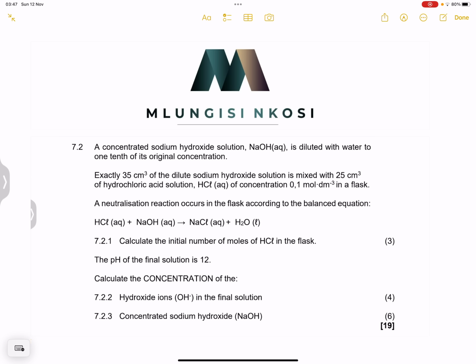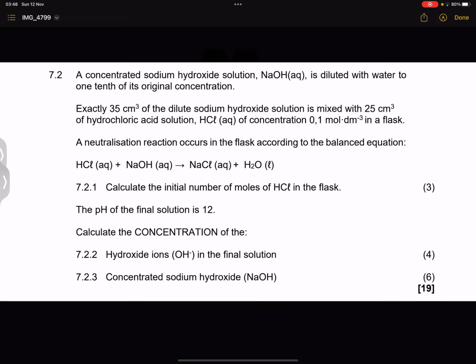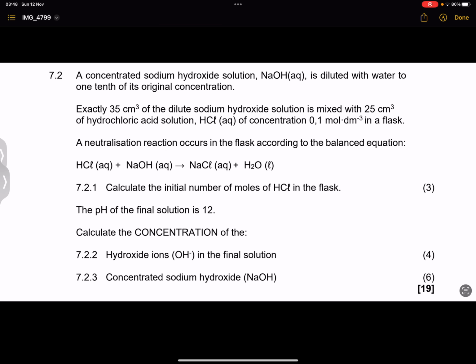Okay, so I'm looking at the Eastern Cape exam, and this is from the 2023 prelims, right? So I skipped the first part and am just jumping into the second portion of the question. They say to us we've got a concentrated sodium hydroxide solution that is diluted with water to 1/10 of its original concentration.